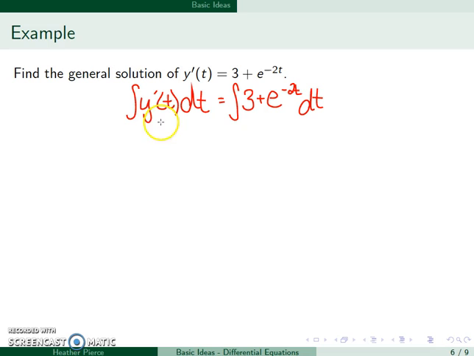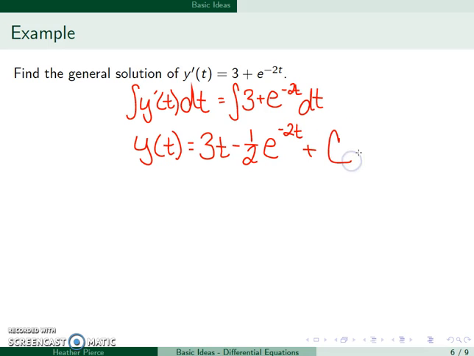Like I said, the integral of a derivative is just the function itself. The integral of 3 will be 3t, and the integral of e to the negative 2t will be negative 1/2 e to the minus 2t plus c. So here's our general function.